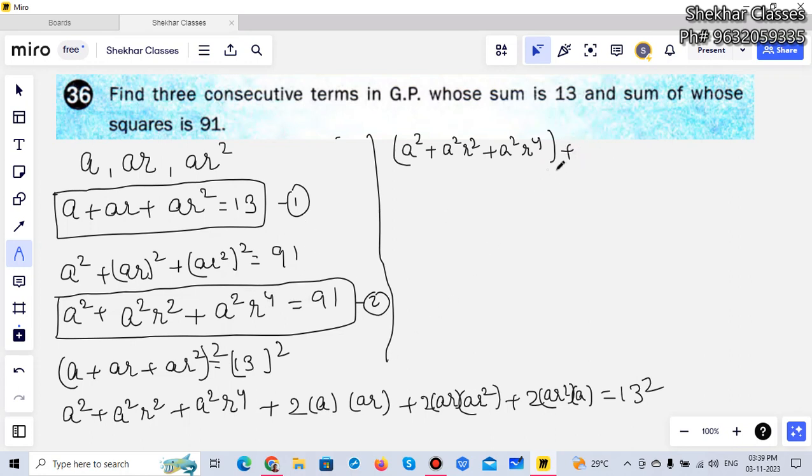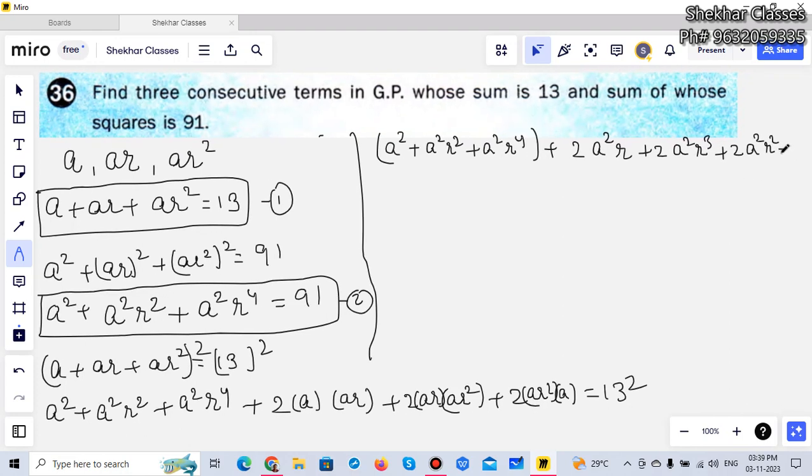Plus, I can solve it: it will become 2 A square R plus 2 A square R cube plus 2 A square R square, and this is equal to 169.